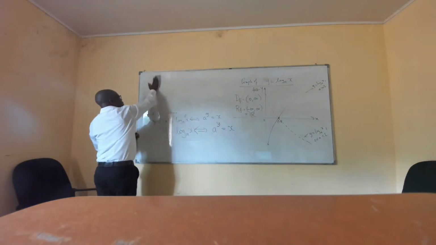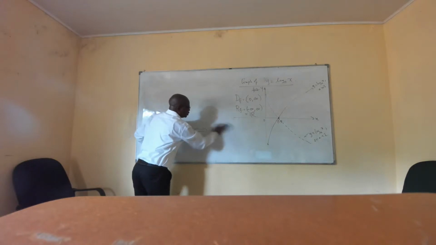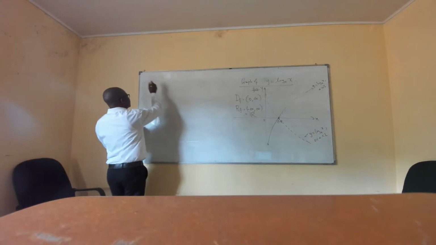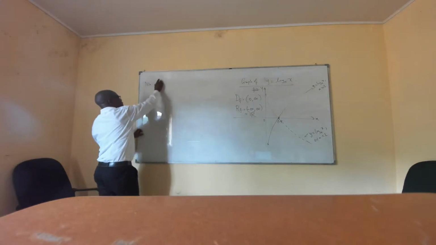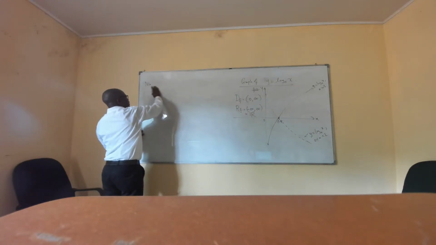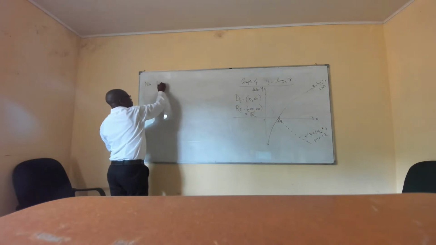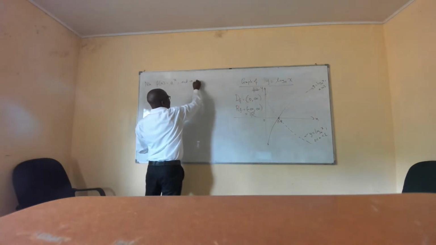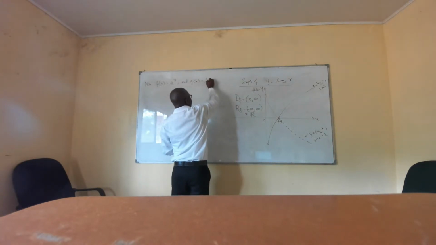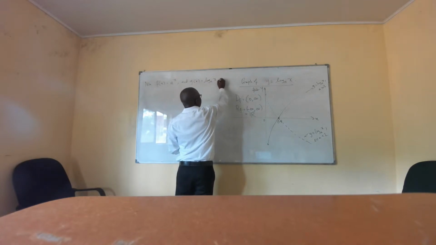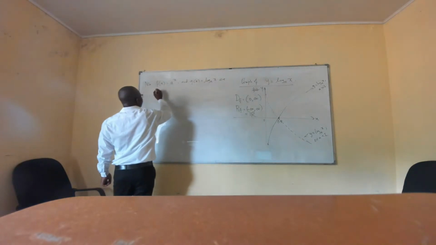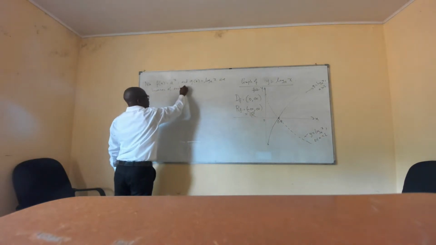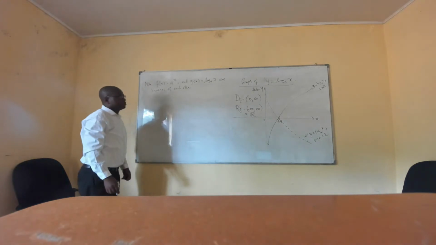Because we can demonstrate this. Note that f of x equals a to the power x, and g of x equals log to base a of x are inverses of each other. We can check this.